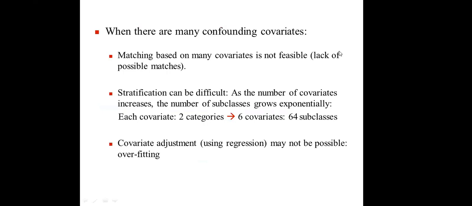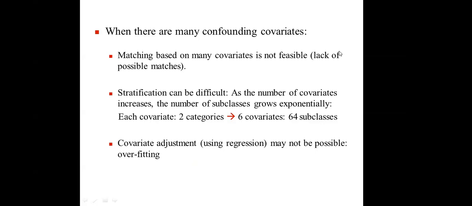So when you do matching, you'll realize if you've done it before that sometimes you don't have enough good matches. Let's say you have two groups, treatment and control, or exposed and not exposed. It'll turn out there's an imbalance such that you can't match each case to a control or each treatment person to a control.